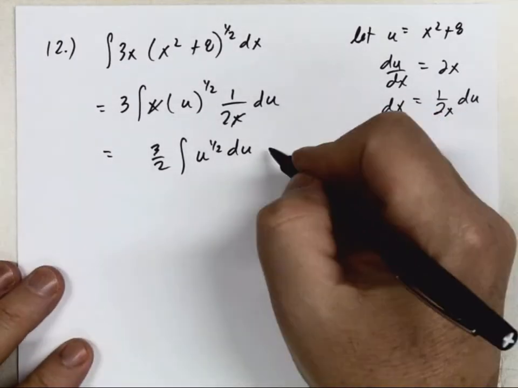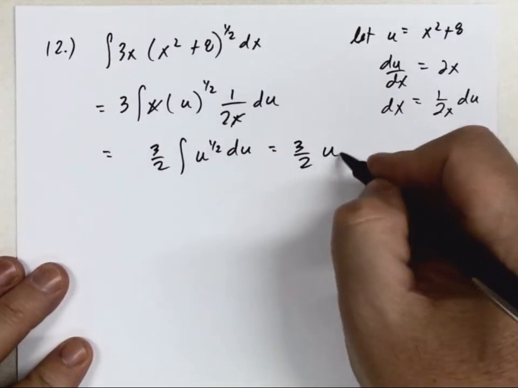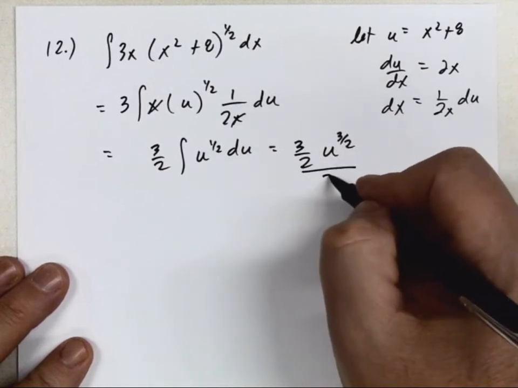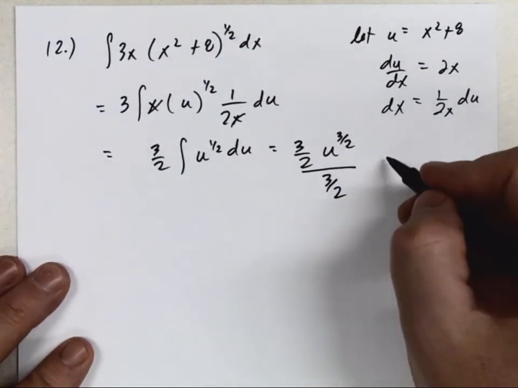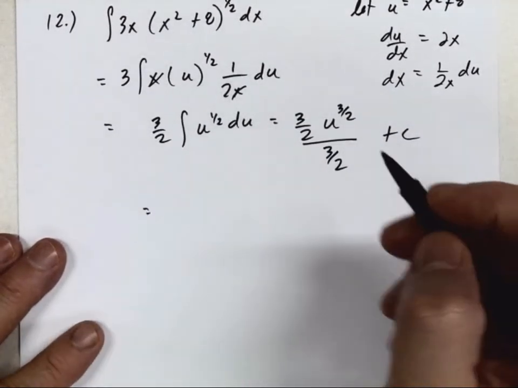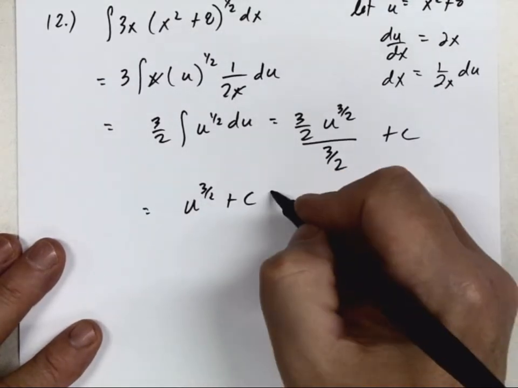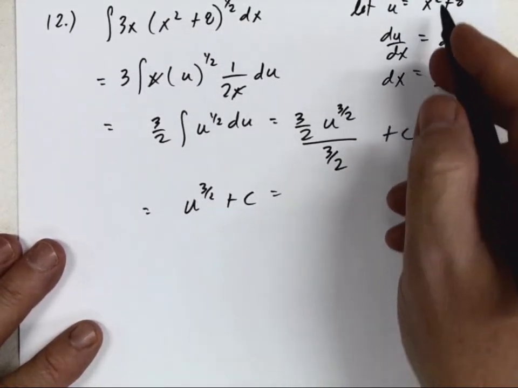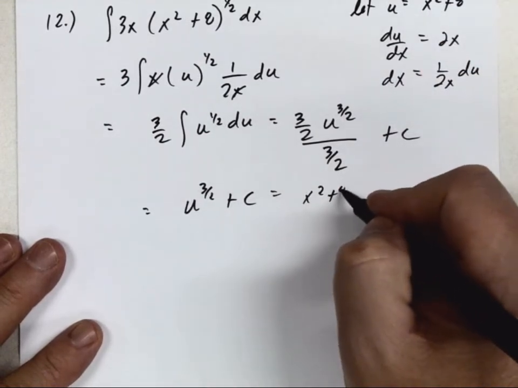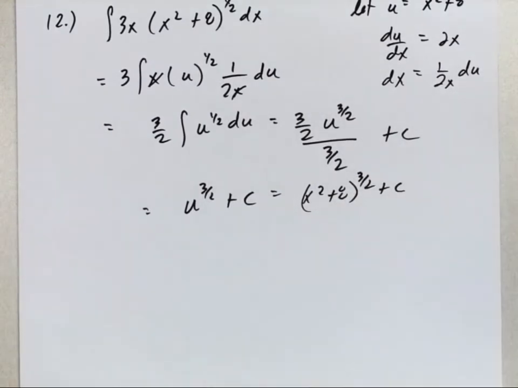I can use the power rule for this. So you add 1 to the 1/2 to get 3/2, and this exponent goes on the bottom. I simplify, these cancel out actually. So I have u to the 3/2 plus c. Now if I bring back my x's, x squared plus 8 raised to the 3/2 power plus c.